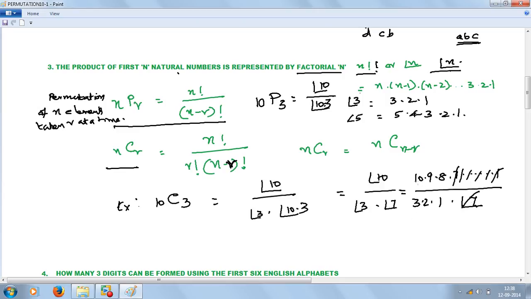So the answer is 10 multiplied by 9 multiplied by 8 divided by 3 multiplied by 2 multiplied by 1. If you cancel the 3, this becomes 3, here it will become 4. 4 multiplied by 3 into 10 is equal to 120.